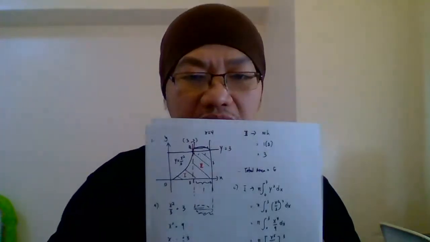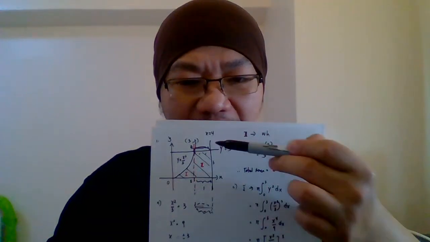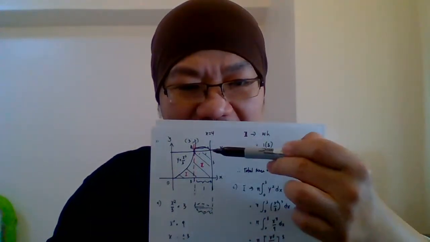Okay, so bila dia rotate, it becomes like this. Okay, they are rotating. Okay, ini bukan circle, circle kat bawah ni. Circle bukan kat bawah ni tau, circle kat sini. Ni circle dia, saya tunjuk circle dia.